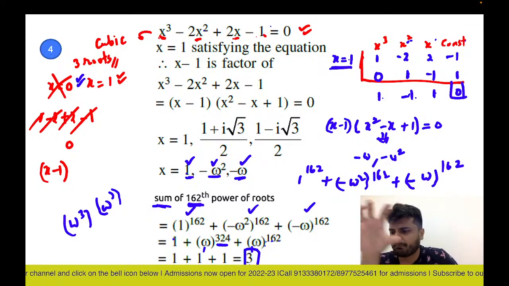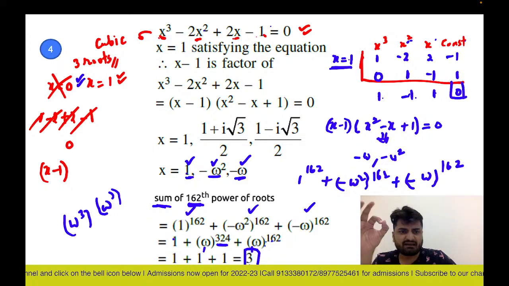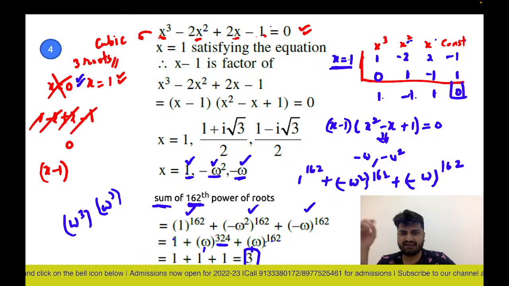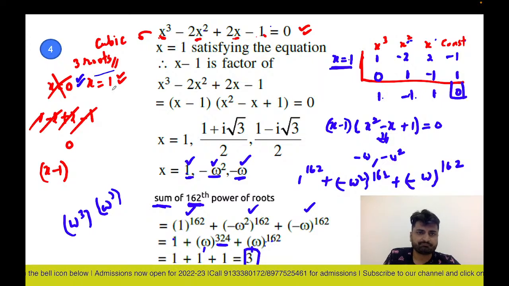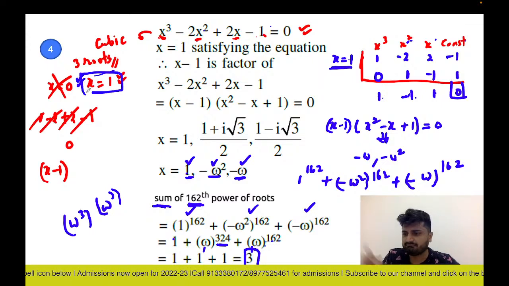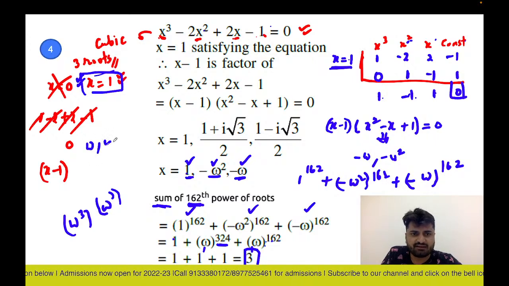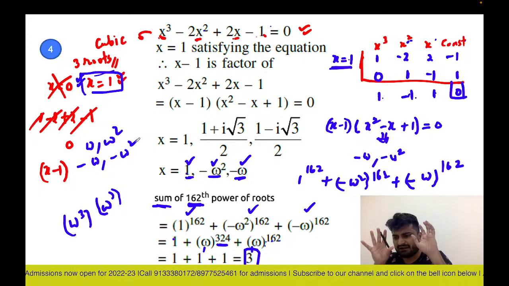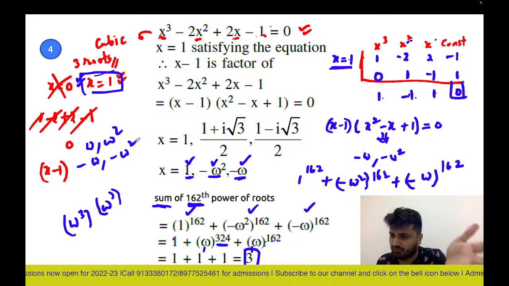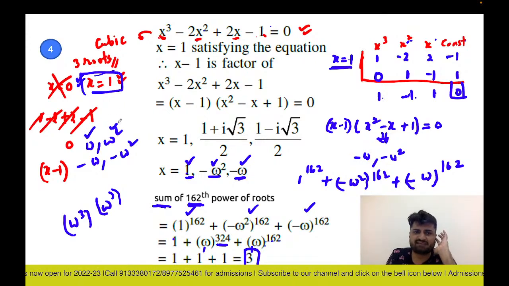So to save time, I've put the solution, but I've shown you the important steps here. Again, the key here is identifying whether it is a number. One will be a number. The others are whether it is omega, omega square or minus omega square. So if it's a complicated question, you will obviously know that either of these will satisfy.